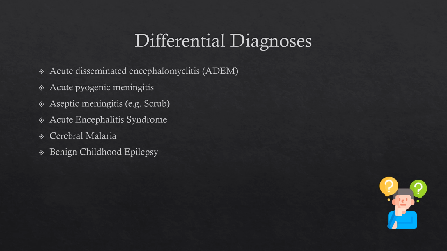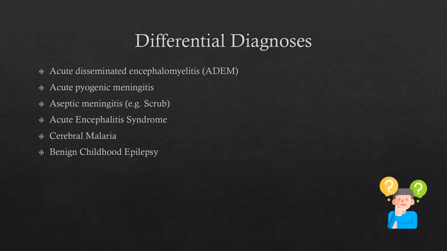So what are the common differential diagnoses of febrile seizure? Basically any condition that can cause fever and that can also cause seizure is a differential diagnosis of febrile seizure, because febrile seizure is a diagnosis of exclusion. So we cannot list all the conditions that can cause fever and seizure as its manifestation. So we have listed only a few common conditions.